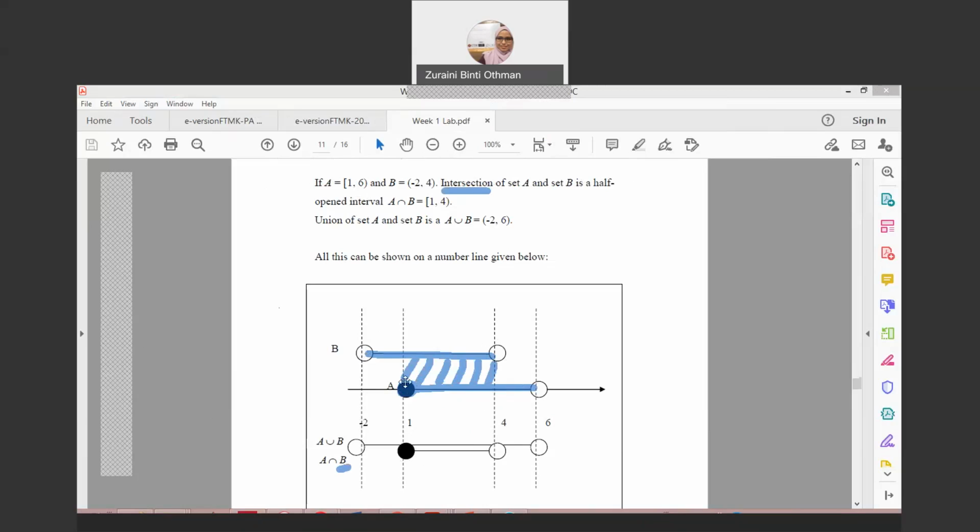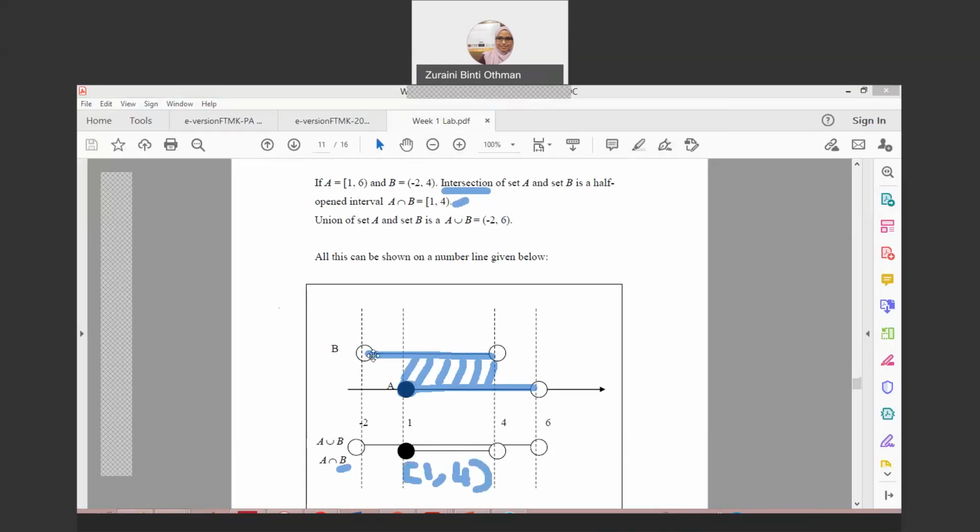Dan oleh kerana 1 ni is close interval just now, yang square bracket tu, jadi dia termasuk 1 sehinggalah yang ni 4 dekat sini, dia open interval, right? So until 4 open interval. Macam tu. Nampak tak kat sini? Intersection dia yang ni. Okay, so now the union.